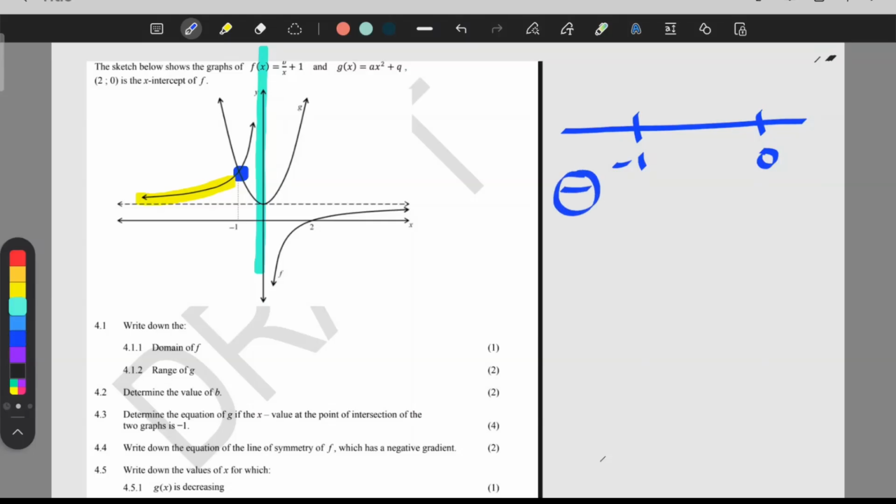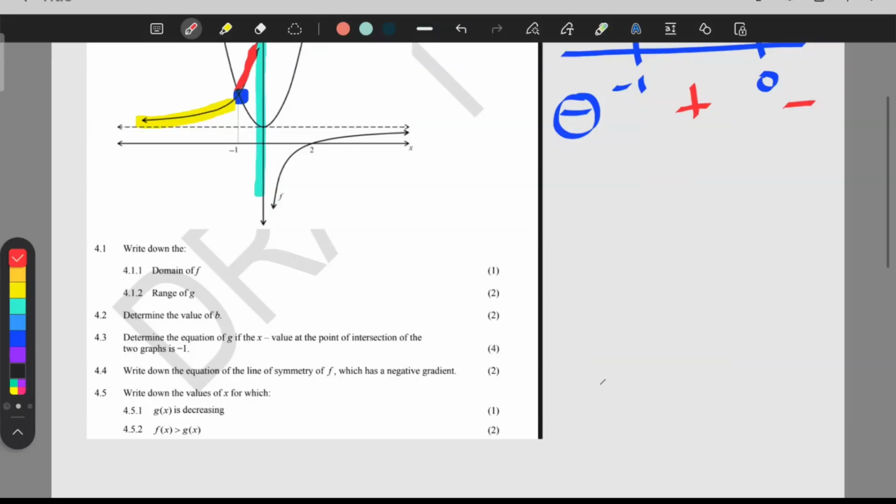Then let's look from here to the asymptote. From here to the asymptote, the hyperbola is above. And then after the asymptote, if I go this side, the hyperbola is always below the parabola. Here you can see it's below the parabola. Eh? So after the asymptote, this was a plus, it's below.